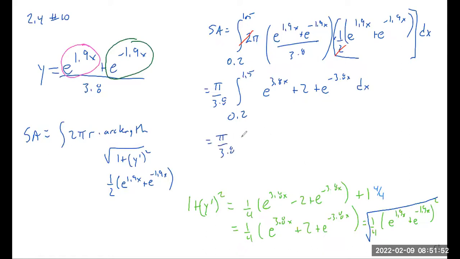And we'll go ahead and get the antiderivatives, because when we're integrating e to the stuff, just like differentiating, we get the e to the stuff, but this time we need to divide. We basically just did a u substitution. The 2 becomes a 2x, and then the e to the minus 3.8x, we get that over minus 3.8.